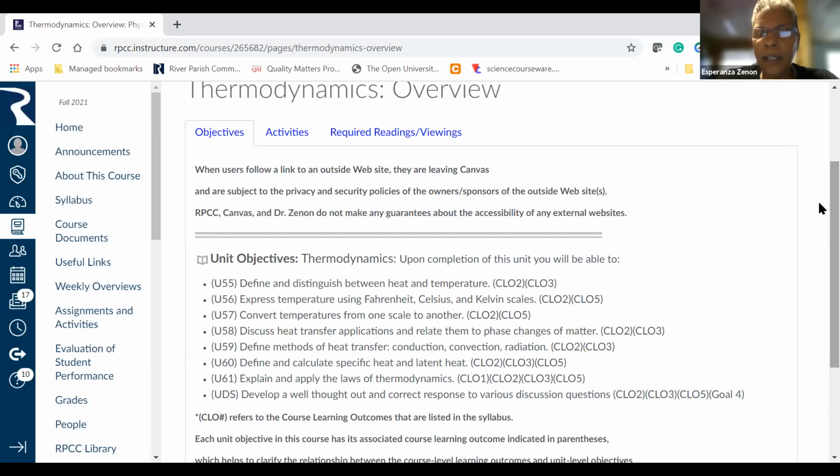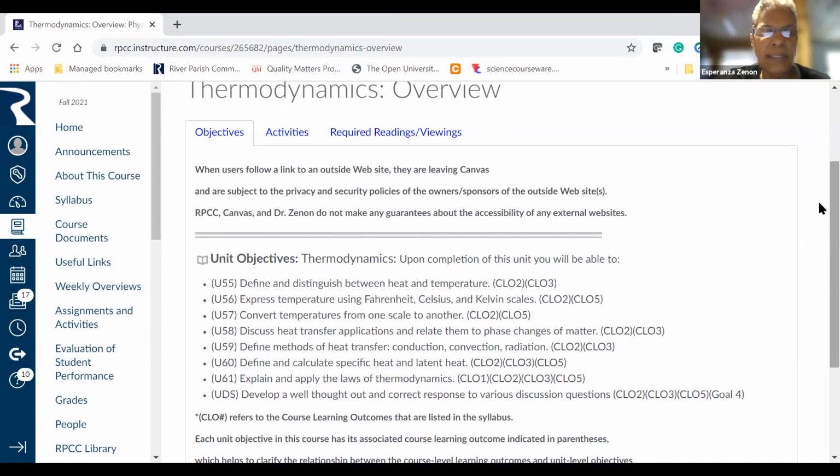You should know how to convert from one temperature scale to another, although that's not something that I focus on too heavily, because at this point, you can use the unit converter or a conversion chart or any tool that you like to help you make those conversions. So it's not something that we're going to directly practice, but it's something that you can use any resource you want to help you.